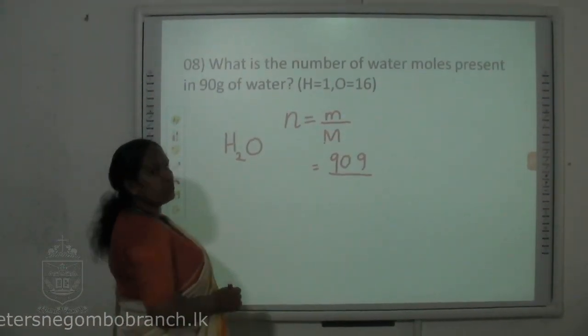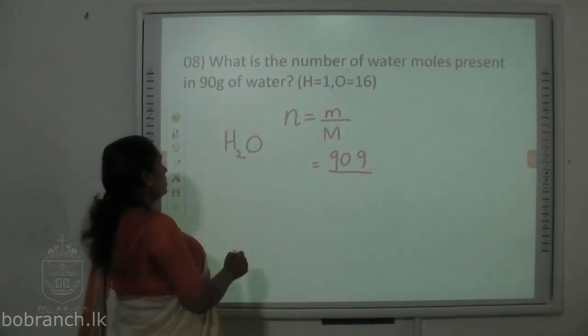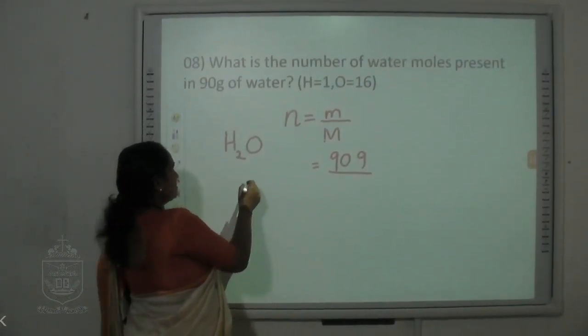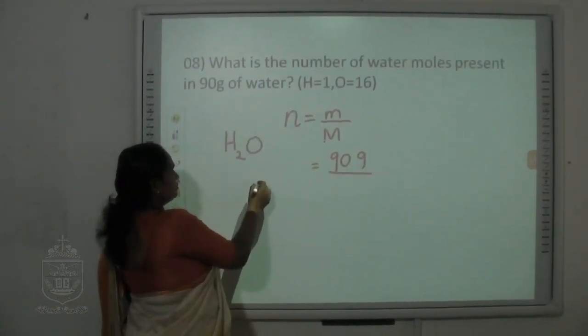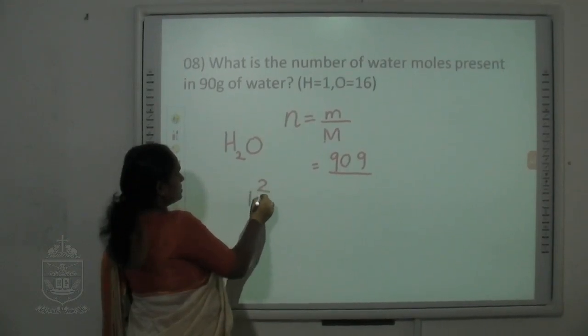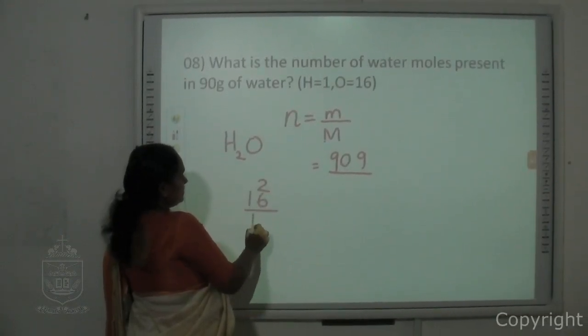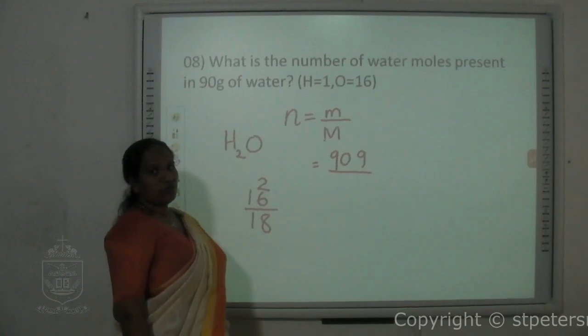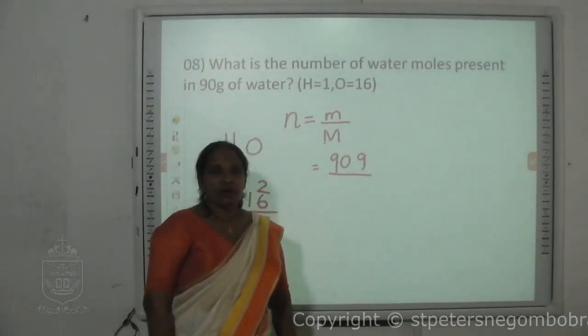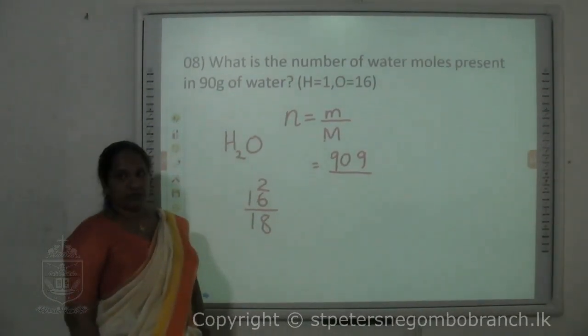Relative molecular mass: hydrogen 2 times 1 is 2, and oxygen 16, so the relative molecular mass of water is 18.